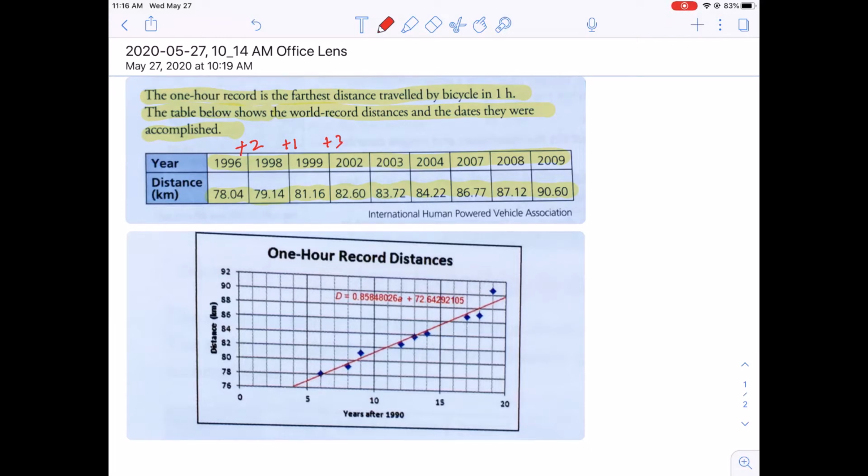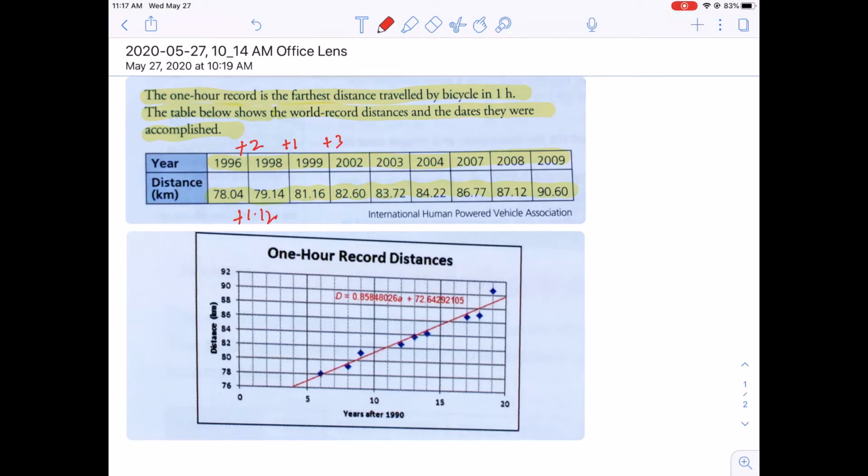Now let's see the difference between the distance traveled in 1998 and 1996. So 79.16, we're going to take away 78.04. So the difference is an increase of plus 1.12.